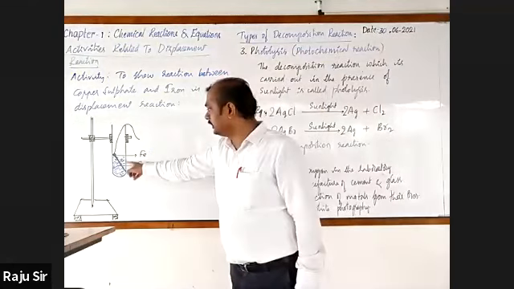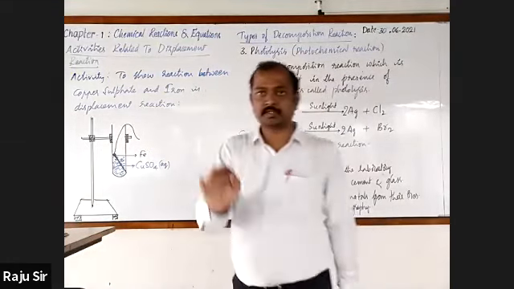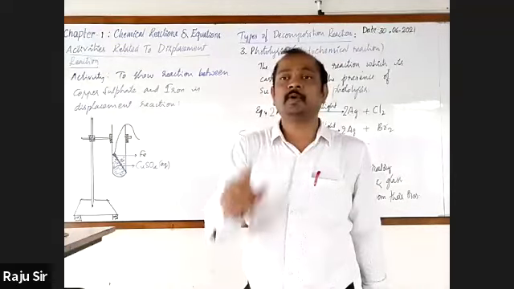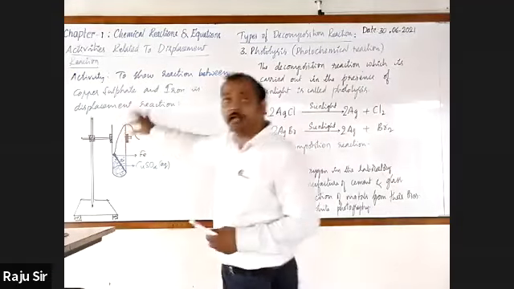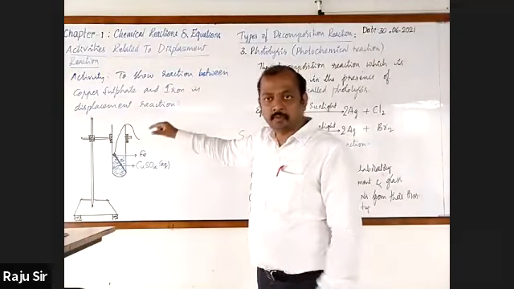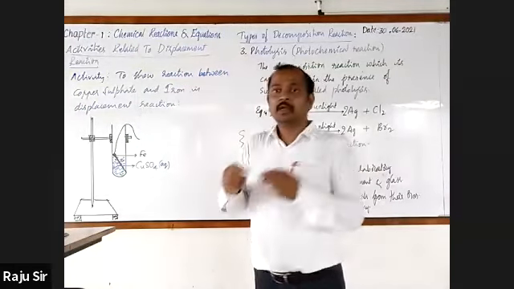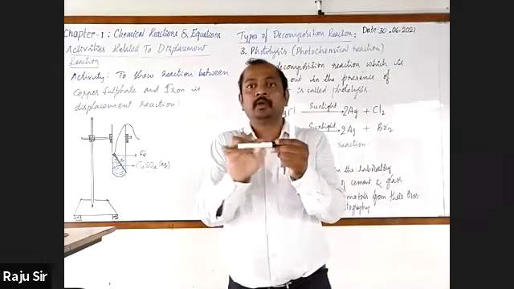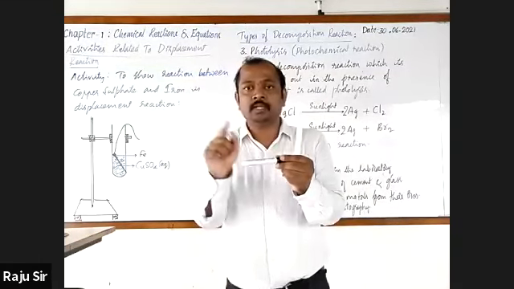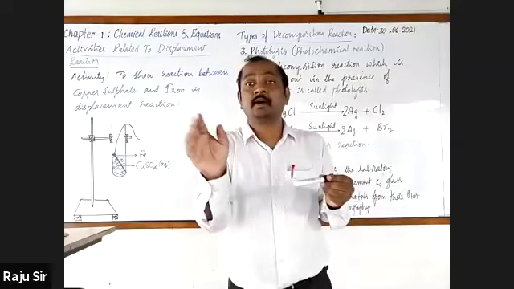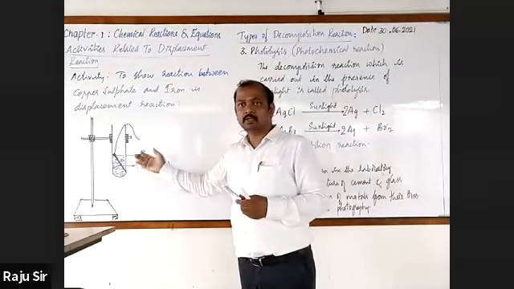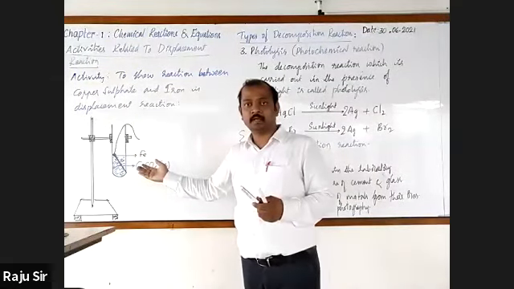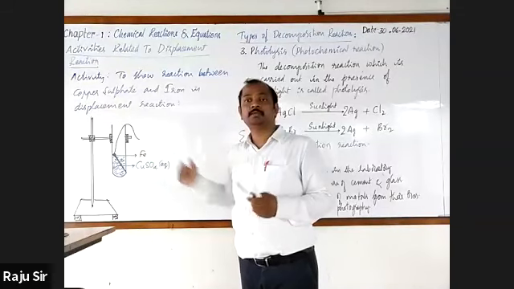After placing the iron nail in the test tube containing copper sulfate solution, leave it undisturbed for about 10 to 15 minutes. After 10 to 15 minutes, remove the iron nail from the test tube. You'll notice that the iron nail is coated with brown color. That brown color indicates copper is displaced. And when you observe the solution, you'll come to know it will be pale green color, which indicates iron sulfate is formed.